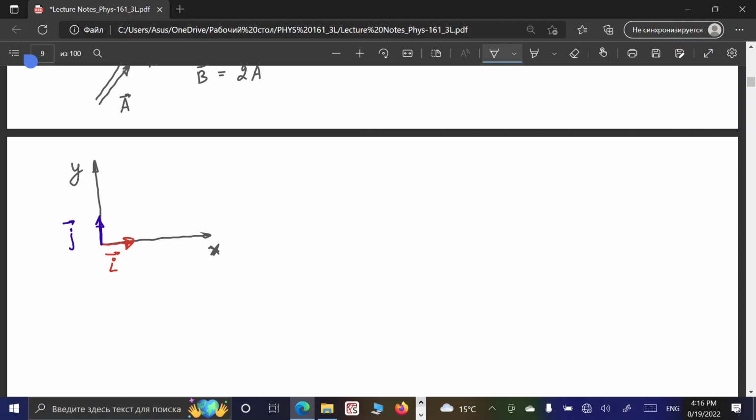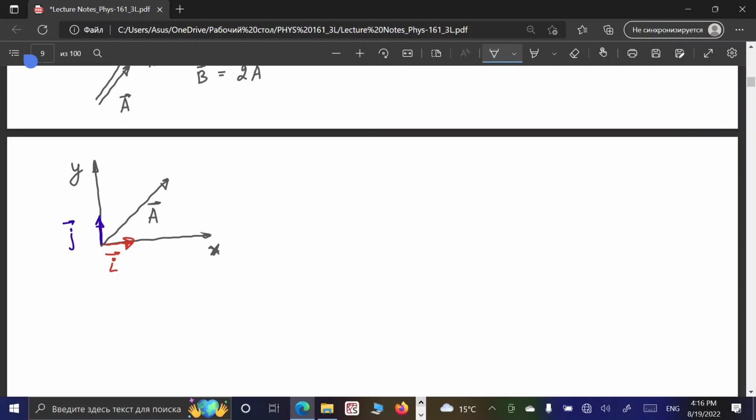Now, when we have them, let us consider some vector A. So what can we do with this vector in order to make our life easier in terms of dealing with this vector? We split it in two components. One component of this vector will be along axis x. Another component will be along axis y.